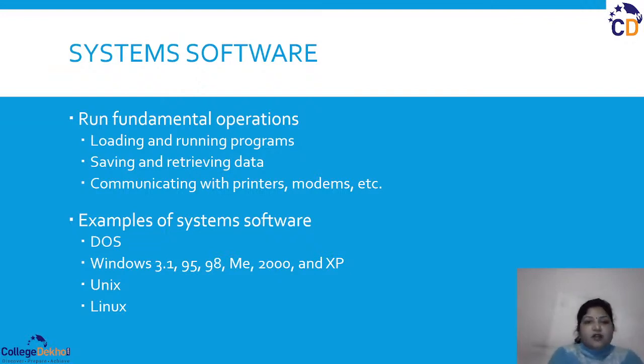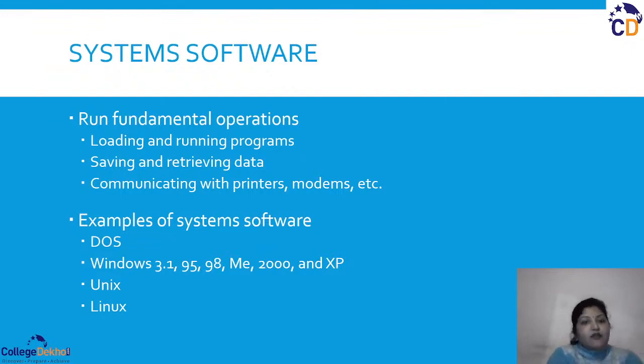It runs fundamental operations. It is not meant for you. It is for maintaining the system. The name itself suggests the working of the software. System software is meant for the maintenance of the system. Suppose I am using a PC, it is for maintaining the PC. Suppose I am using a laptop, it is for maintaining the laptop.